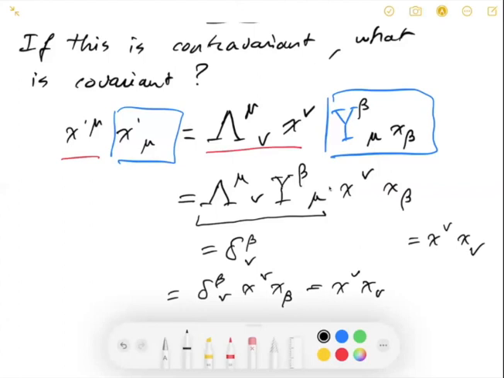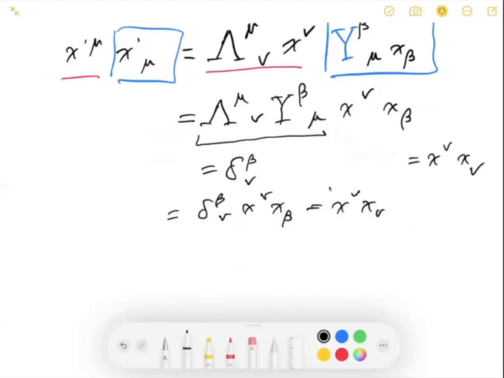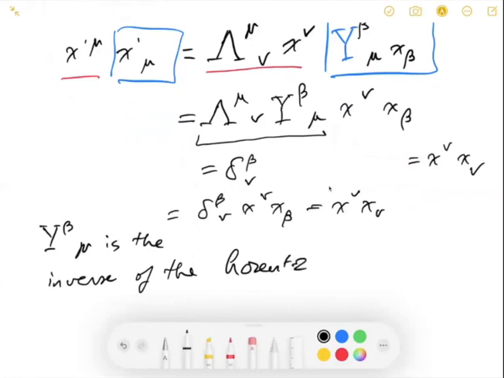Now that means that y beta mu is the inverse of the Lorentz transform.